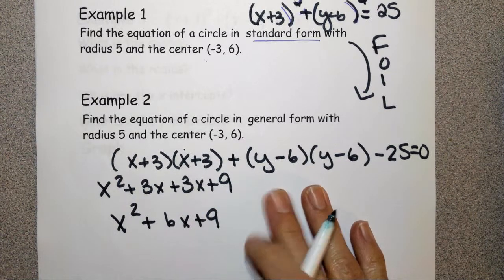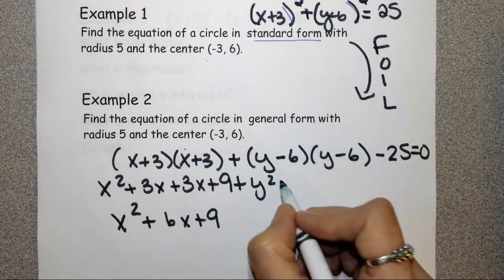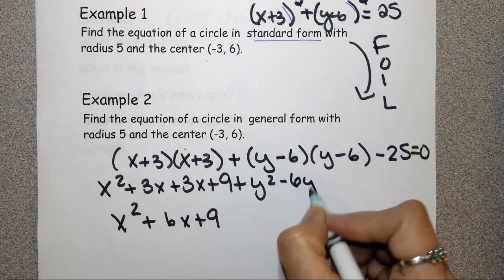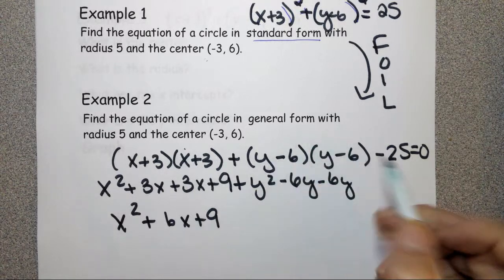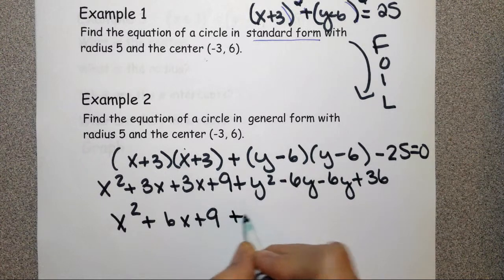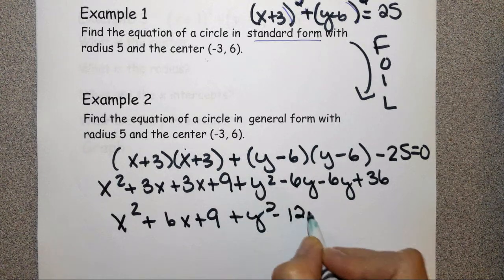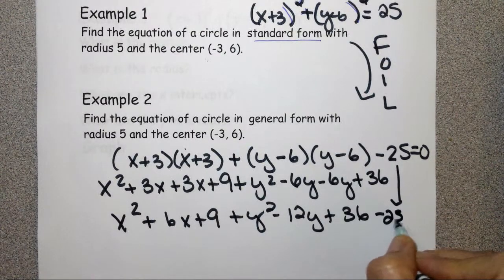Second one: y times y is y squared. Y times -6 is -6y. -6 times y is -6y again, and -6 times -6 is plus 36. So I have y squared minus 12y plus 36, and then that minus 25 still comes down.